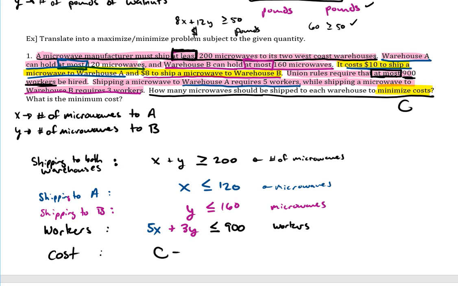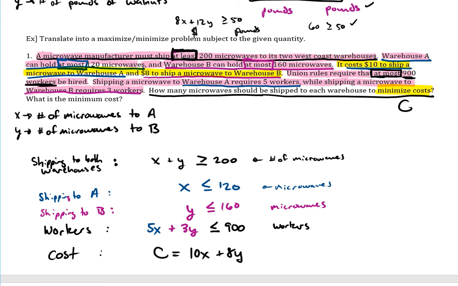So the cost, C, let's put C first this time. With the inequalities, we usually put the variables on the right. But because this has no inequality to it, it's an equals, we will keep it on the left and just say, okay, so 10x plus 8y.